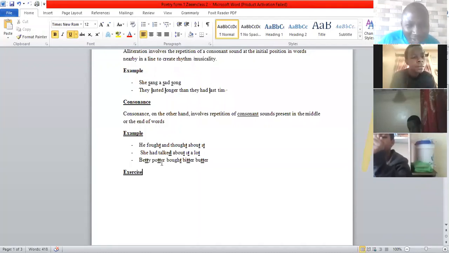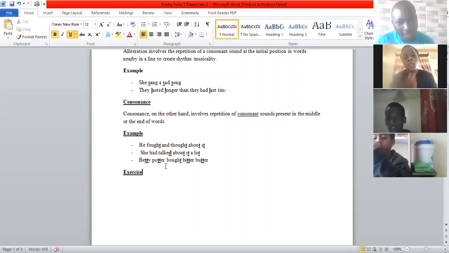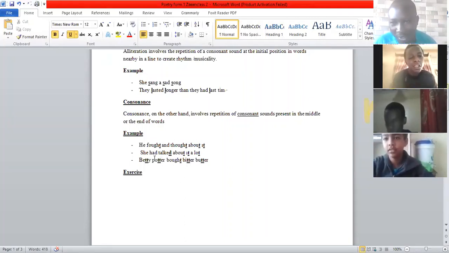Now, in these words, porter, better, and butter, the sound R is considered to be non-rhotic in British English and rhotic in American English. American English pronunciation will have these R articulated.